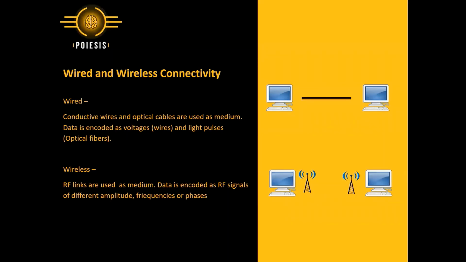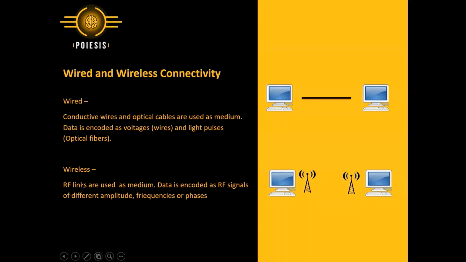Connectivity can be established between systems in two ways: wired and wireless. In case of wired, conductive wires and optical cables are used as medium. Data is encoded as voltages in case of wires and light pulses in case of optical fibers.